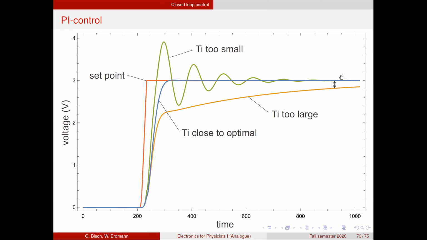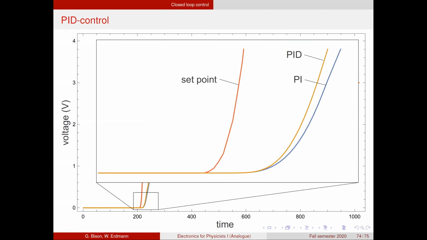Okay, now what is the D part good for? The D part generates a contribution to the output that is proportional to the change of the error signal. Here we have to have a look. You see we have the set point, and this is actually not an instantaneous change. I included a small slope here, and you see that the set point starts to change.